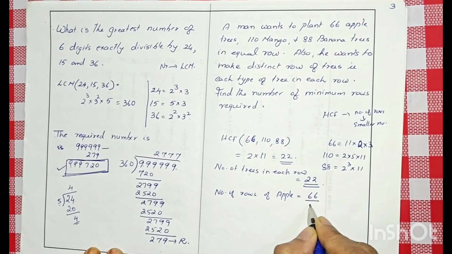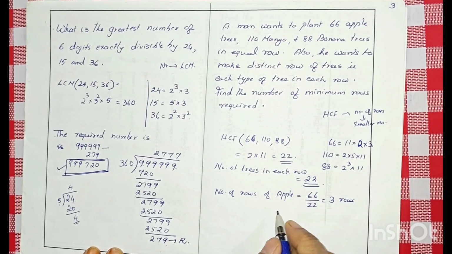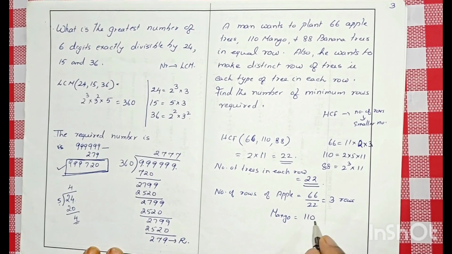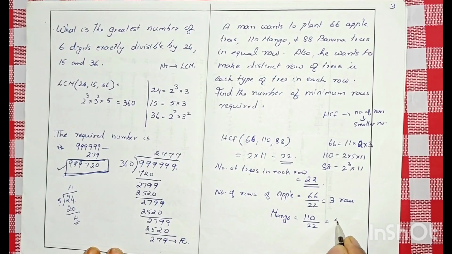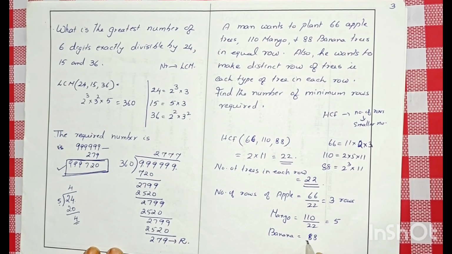So 66 divided by 22 will have 3 rows. Similarly for mango, 110 divided by 22 equal to 5, and banana 88. Sorry. 88 divided by 22 equal to 4 rows.